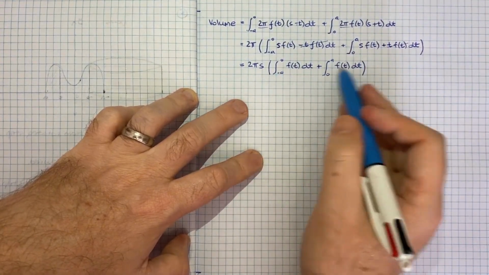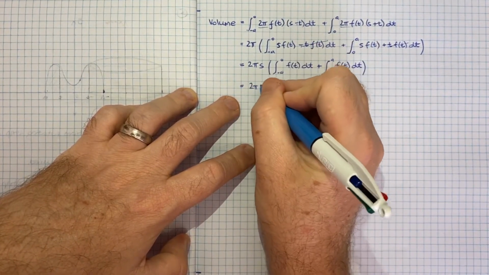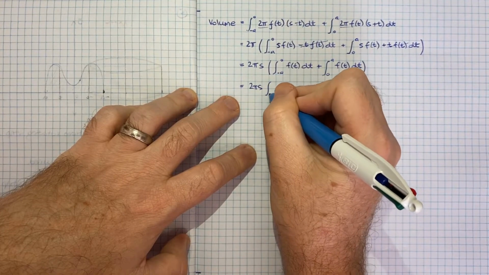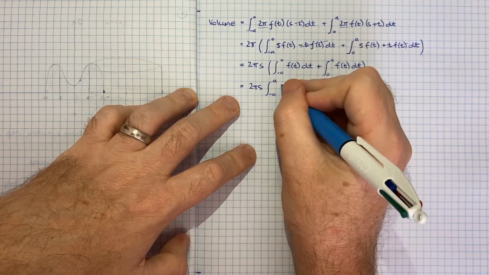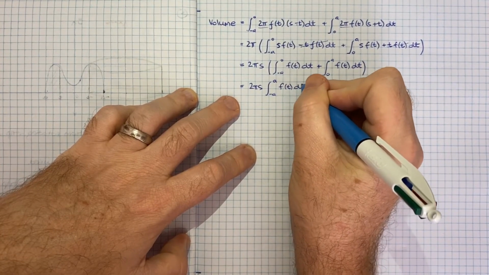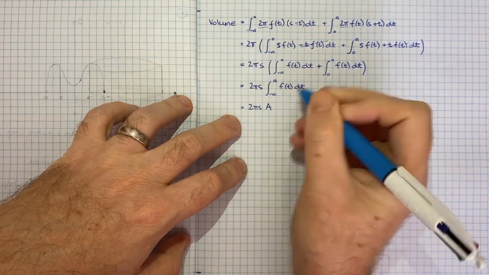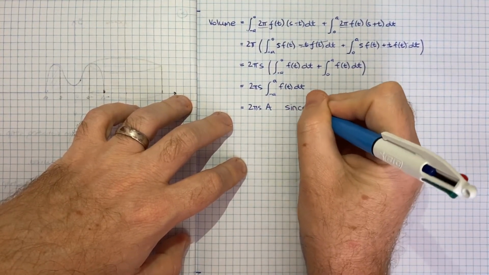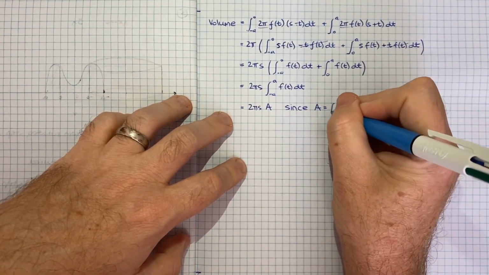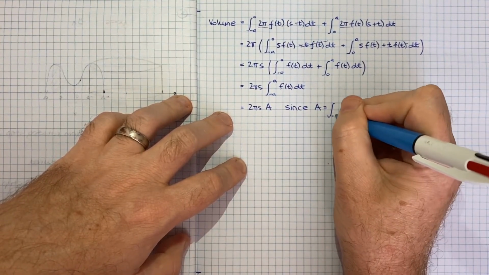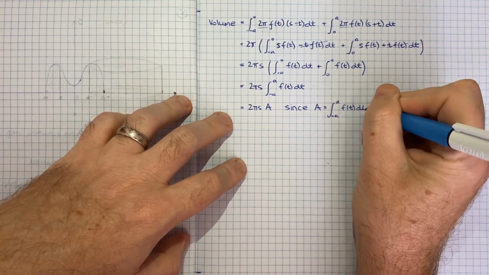Now it makes sense at this point to bring these together. So we get 2 pi s times the integral from negative a all the way up to a of f of t dt. And that we can write as 2 pi s times A, since we're told that A is the area under the curve, which is another way of saying it's the integral from negative a to a of f of t dt.